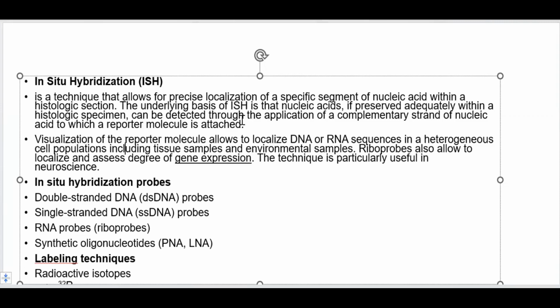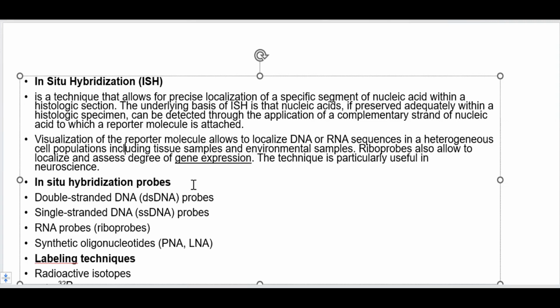So in ISH, the nucleic acid is preserved adequately within a histological specimen, a tissue section for example, and can be detected through application of a complementary strand of nucleic acid to which a reporter molecule is attached. That is what we call a probe. The reporter may be a label, a radio label, a fluorescent label, or maybe a chromophore, depending.